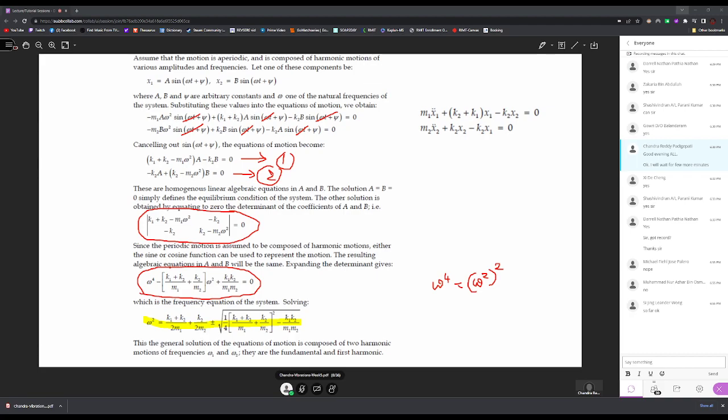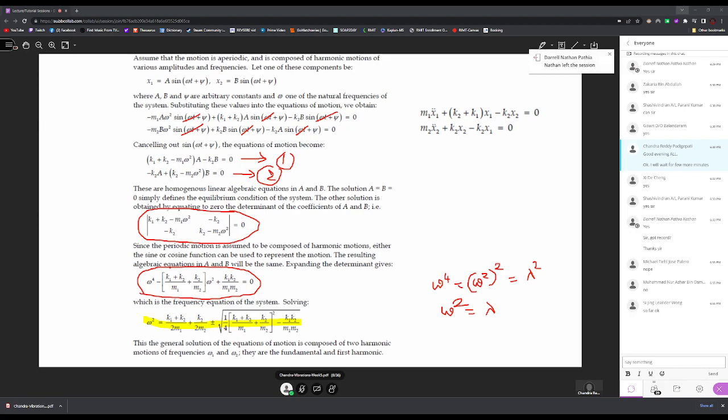Omega square can be treated simply as something like lambda. So this one becomes lambda square, and here omega square you can write as lambda.